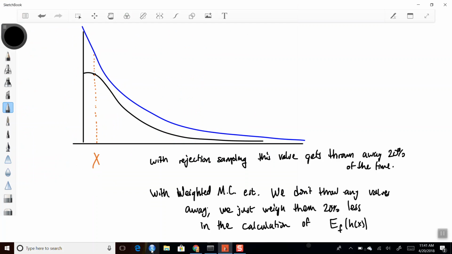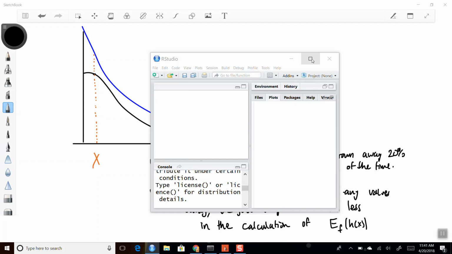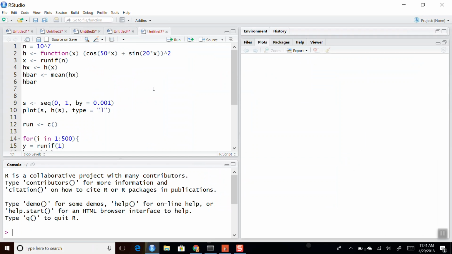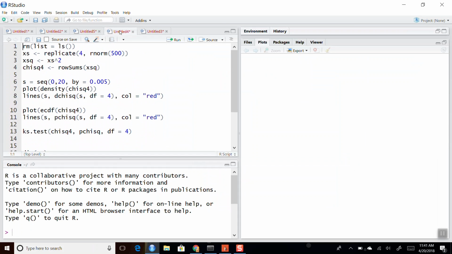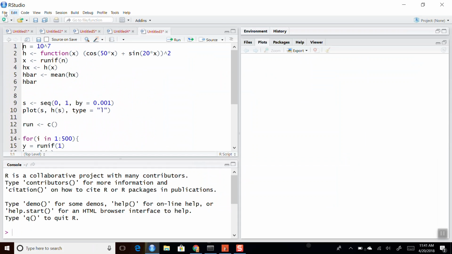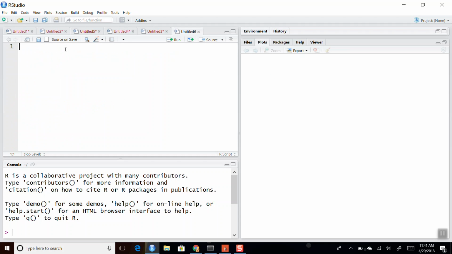Okay, let me just demo what we're going for. What we want is again the folded normal.